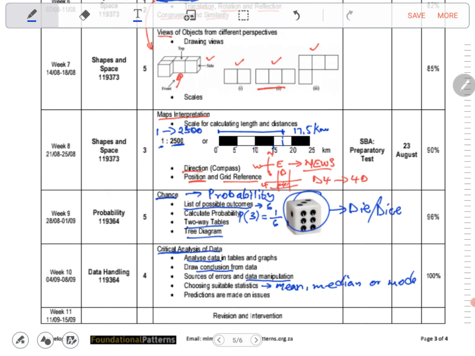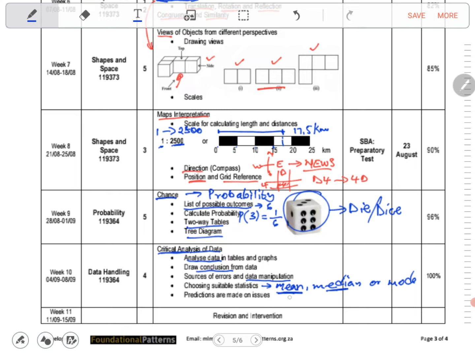But then if we have a lady who wears size 13, you can see that the mean will not be a good statistic to use. It is best to use the median, because the mean will be affected by this bigger size.